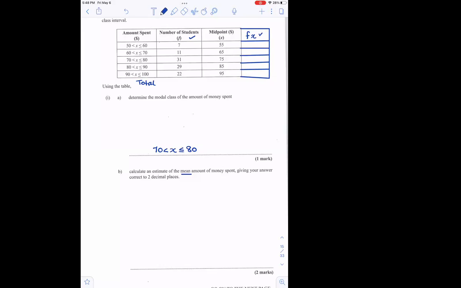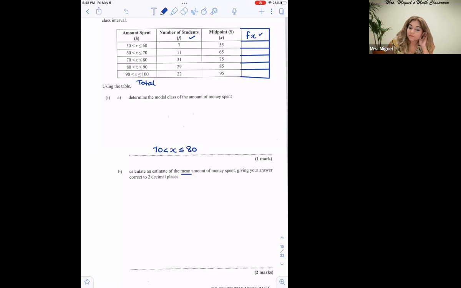All right, are you all finished with the values? Yes, miss.